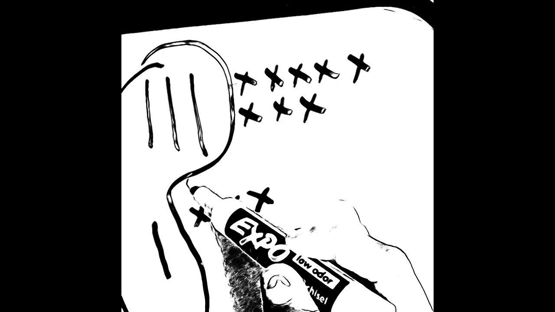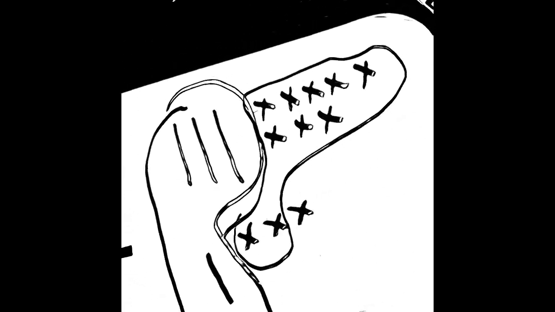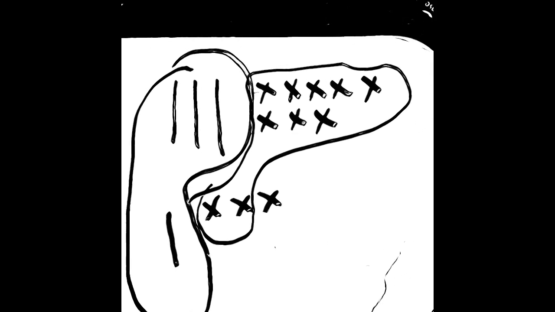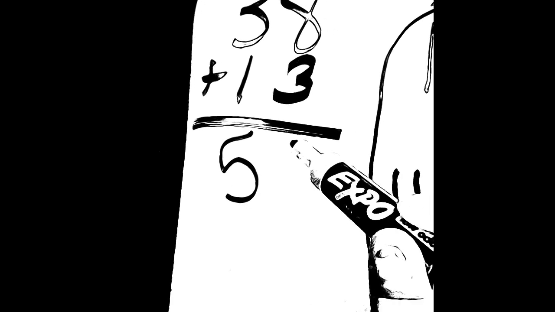So if we went ahead and bundled that group of 10 ones, we can eliminate that and recreate our drawing with another 10 stick. Then it would be a little bit more effective for students to count 10, 20, 30, 40, 50, and of course our 1 left over, giving us an answer of 51 there.